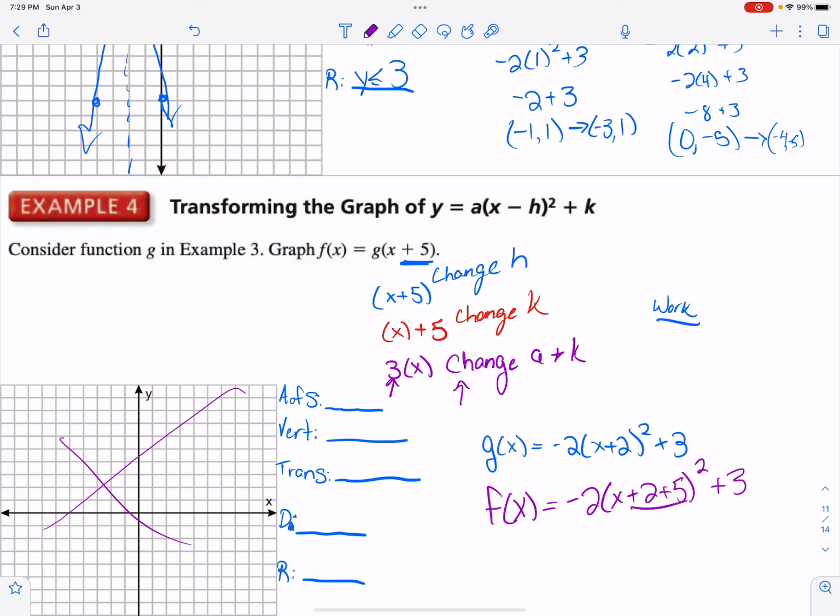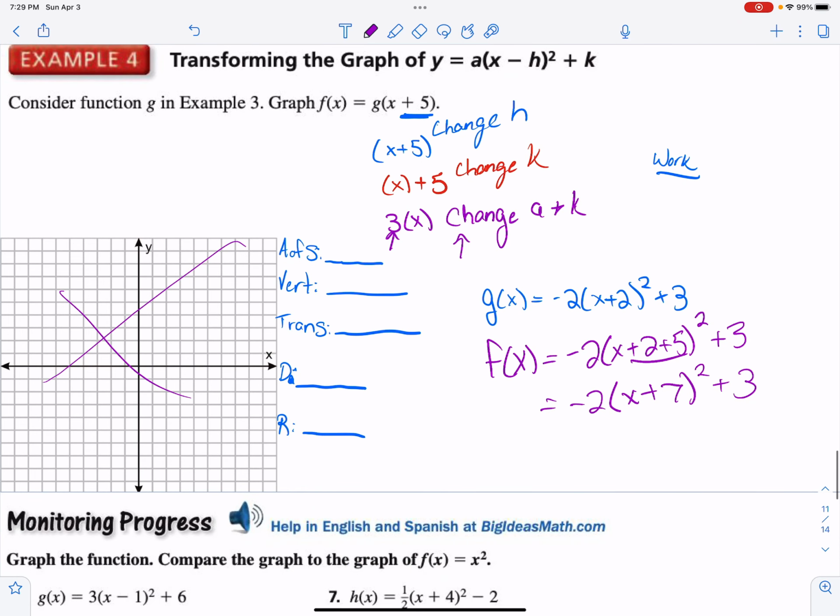So now we can just simplify this and we'll be done. So -2 x plus 7 squared plus 3. Now, in terms of what transformation it did, it moved my function left 5 units.